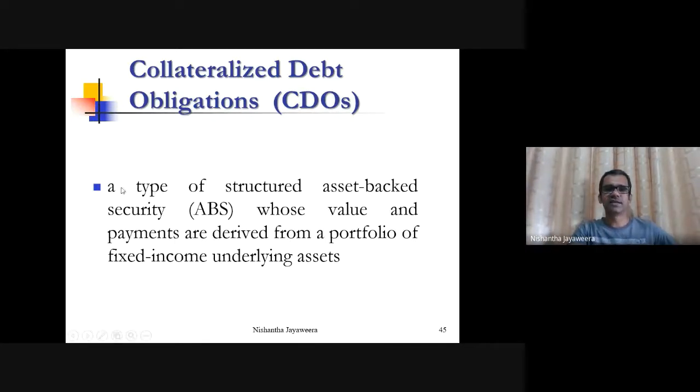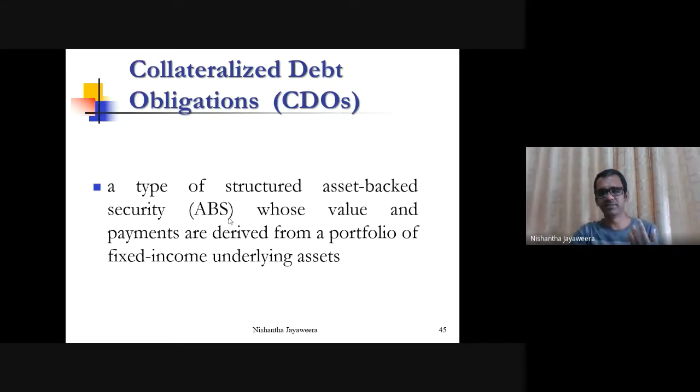As mentioned here, it's an asset-backed security, and this is a special case of that. When we say asset-backed security, the asset can be a mortgage loan, credit card payment collection, or a vehicle lease, or whatever assets a bank has.